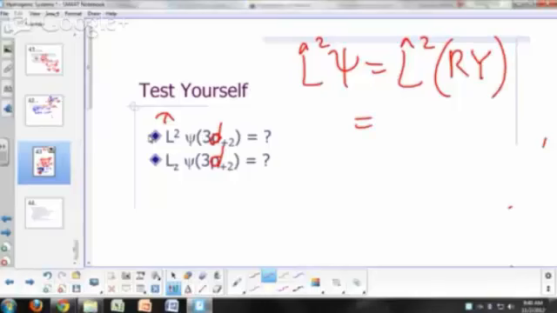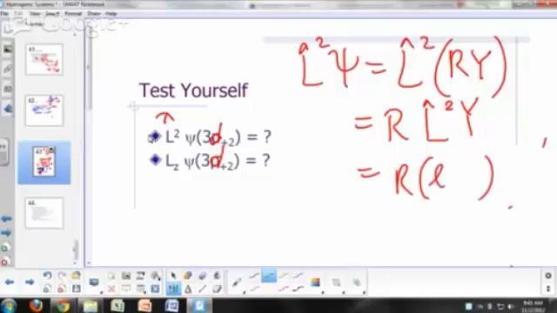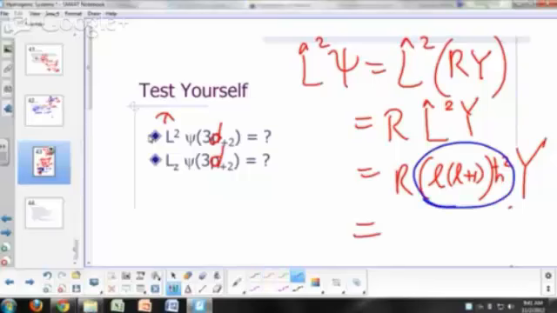Since the L squared operator affects only angles, as far as it's concerned, the radial function is a constant, so you can pull it out of your operator. So that gives you R times L squared Y. And Y, the spherical harmonic, is just an eigenfunction of L squared with eigenvalue of L times L plus 1 h bar squared. So that gives you back your Y, and this is your eigenvalue.